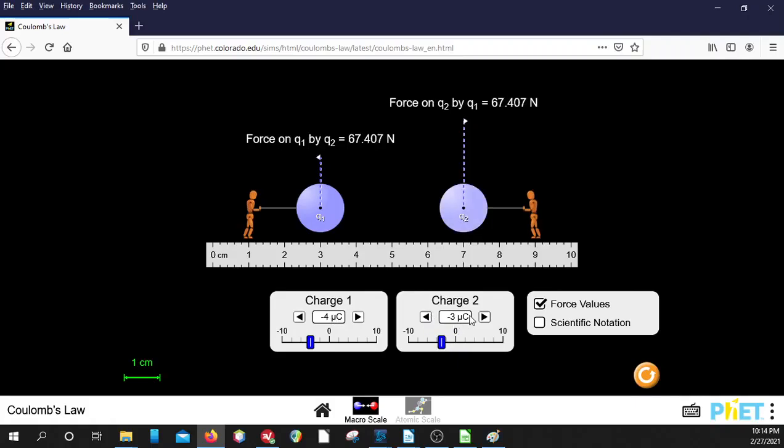So if charge 2 is negative, we're looking at the force on charge 2. And that's to the right because they're repelled from each other. But then if we make Q2 positive, then it's going to be attracted. And so we should enter these values as negative. But we're going to get the exact same values.